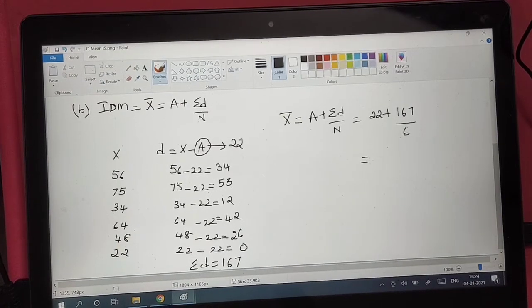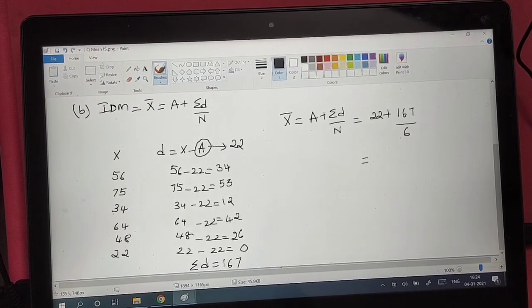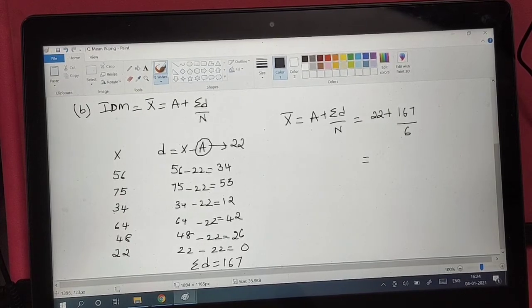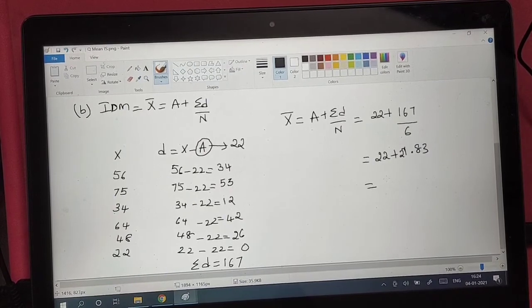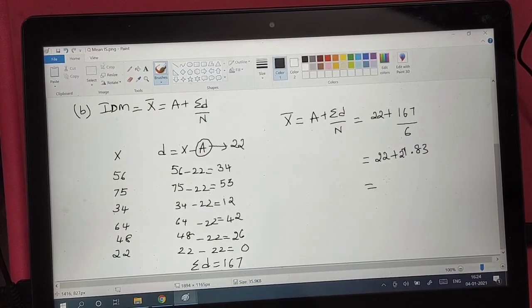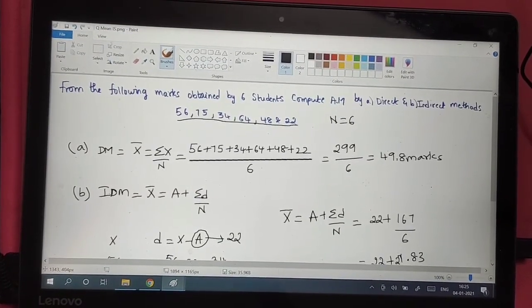So 167 divided by 6 gives 27.83. When you add 27.83 plus 22, you get your answer as 49.8. So this is how we calculate mean in both the direct and indirect methods.